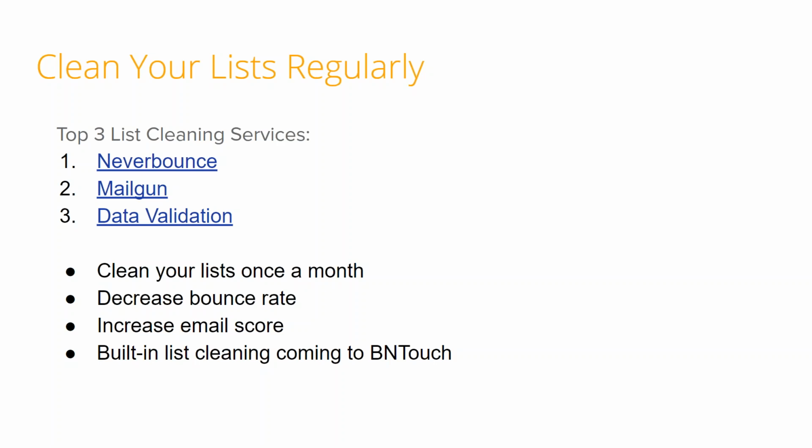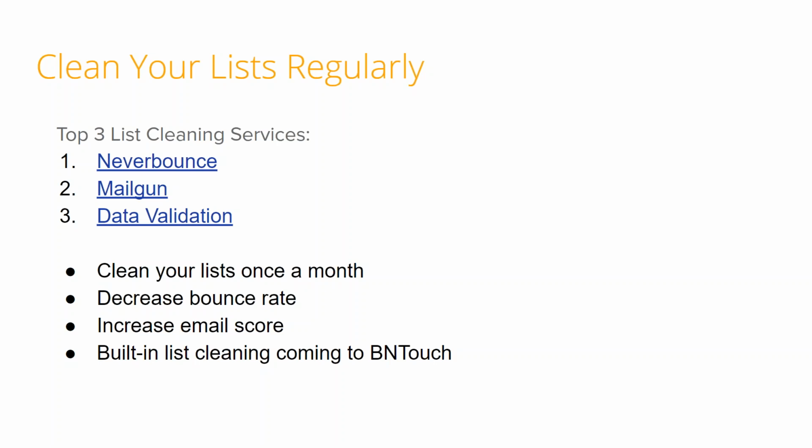Okay. And then as we've seen these criteria grow, we'll call it the email crackdown of 2020, we are working on licensing with one of these 3 services to include a list cleaning feature in BNTouch. So that's coming.